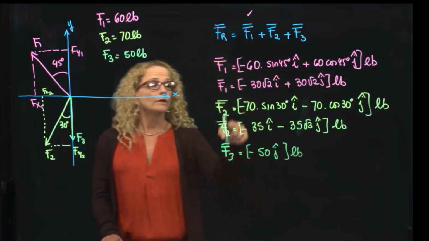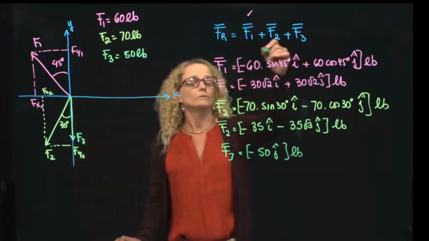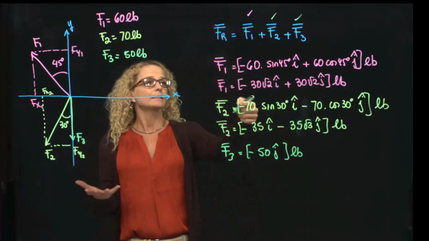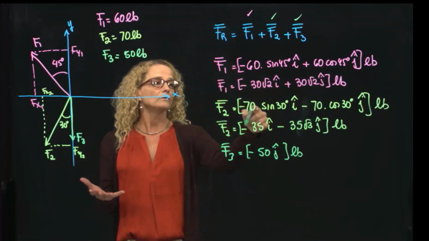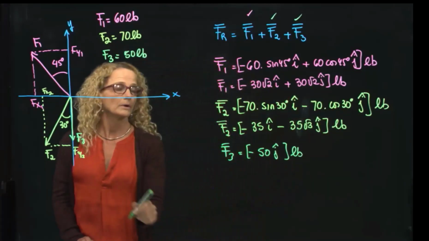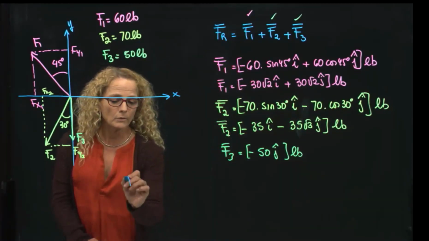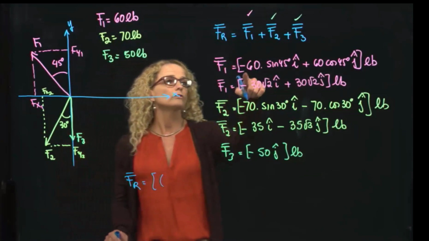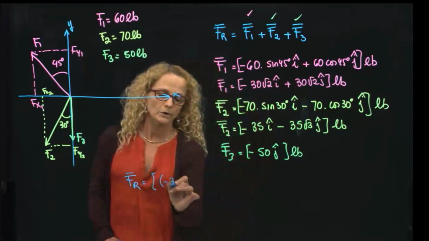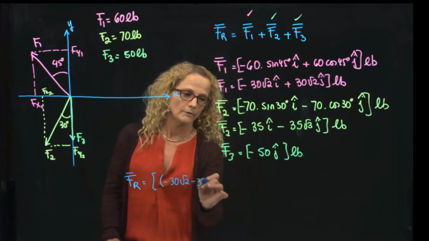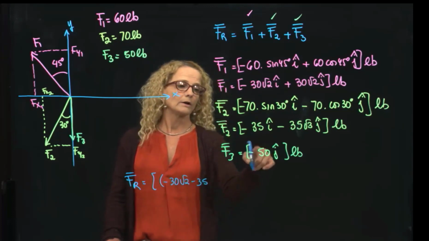Pounds. So now that we have all the forces written in terms of components, we will add them, all the i components and all the j components. So we have our resultant force. I add all the i components, so it gives me negative 30 square root of 2, negative 35, and we don't have other i components.